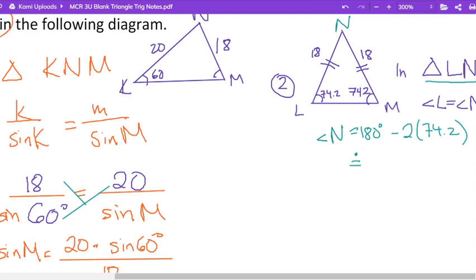Okay, and I get the angle N is approximately 31.6 degrees.